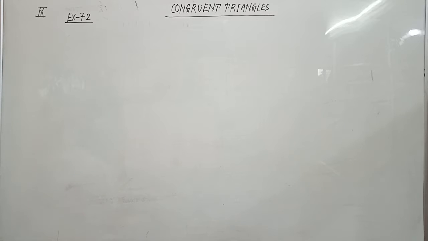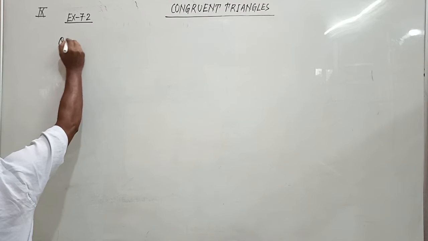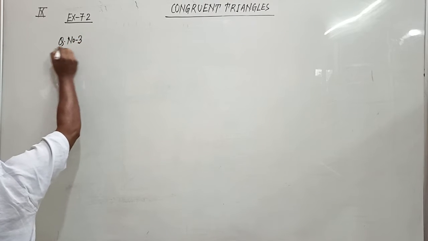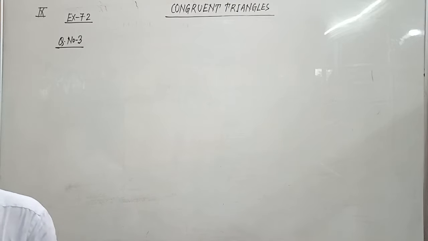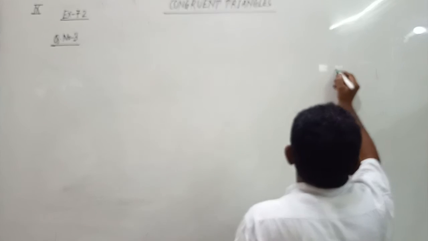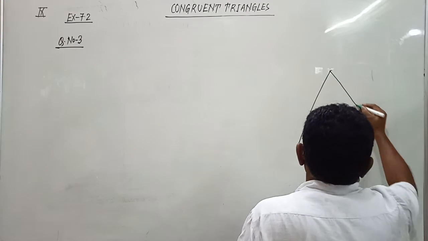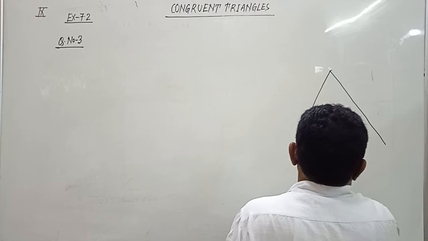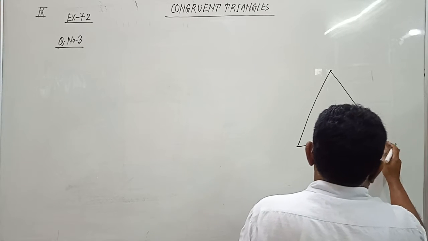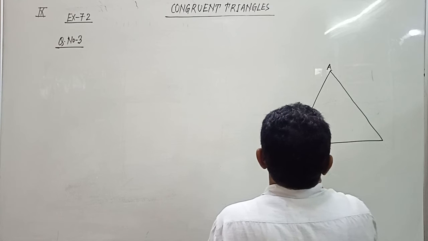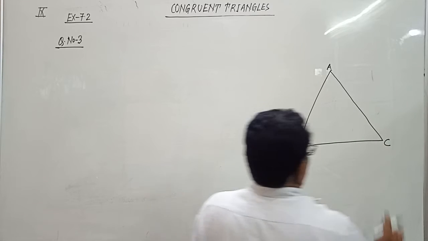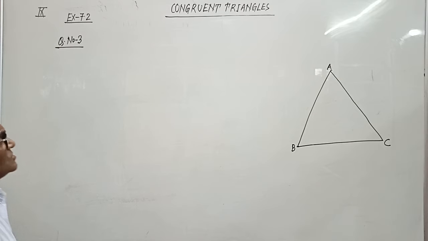Now question number 3. We have given triangle ABC is an isosceles triangle.